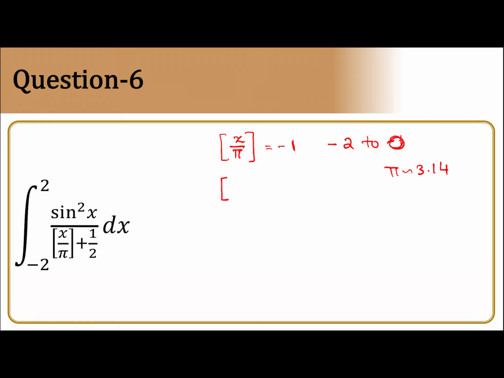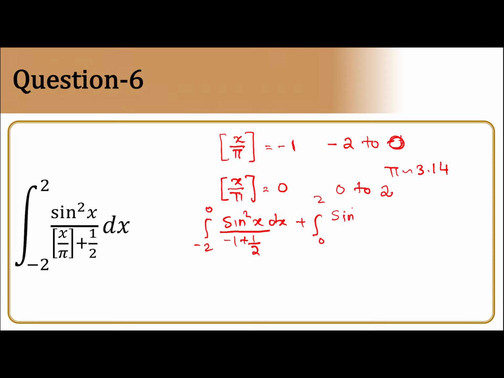Now, this x by pi is equal to 0 whenever it is from 0 to 2. So we break this integral into two parts. We write integral -2 to 0 of sin square x dx times -1 plus 1 by 2. The other part is 0 to 2 of sin square x dx times 0 plus 1 by 2.